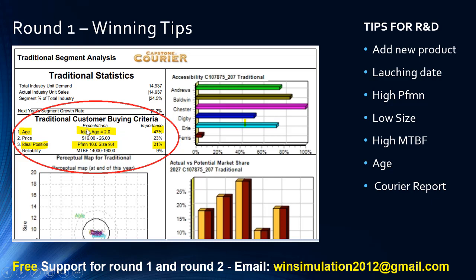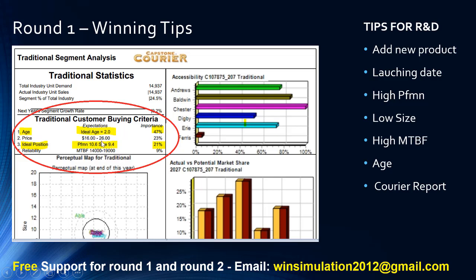For traditional, they prefer an age of 2 years and a price range from 16 to 26. We can set the price inside this range and close to the strongest competitors to get better sales, and also high enough to get a contribution margin. So setting the price is also important. We look at that in the next slides.